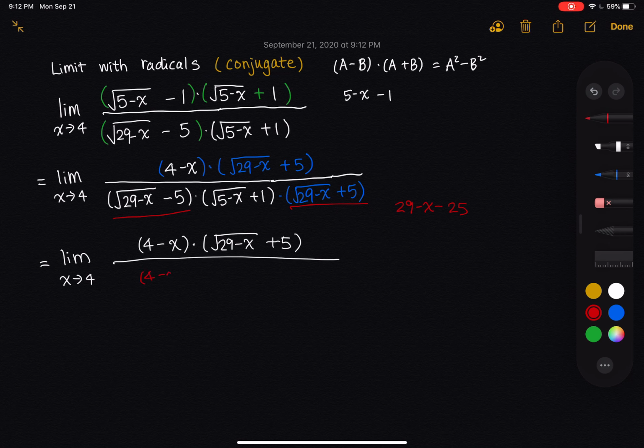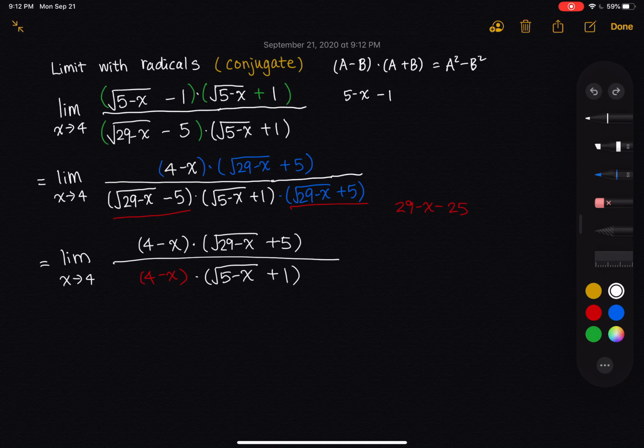So after you combine the two red underlined expressions, you get 4 minus x. Then you write whatever's left over, 5 minus x plus 1. Then we see the cancellation: 4 minus x and 4 minus x cancel.